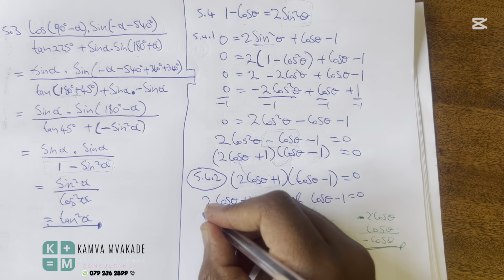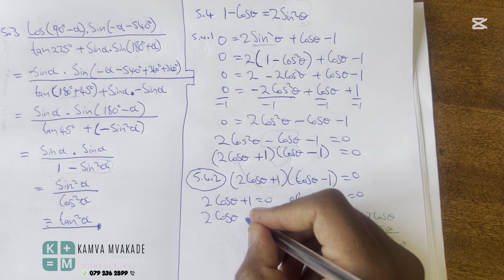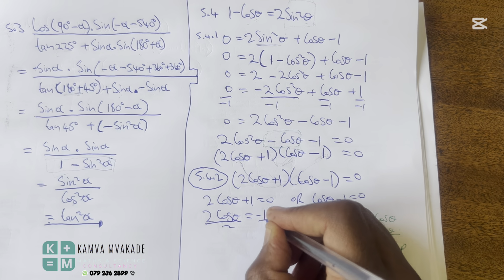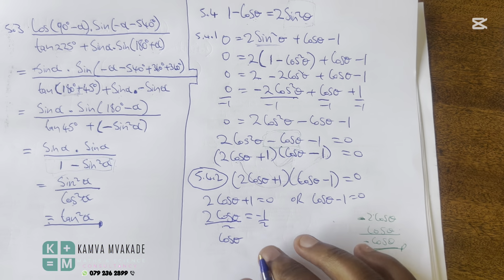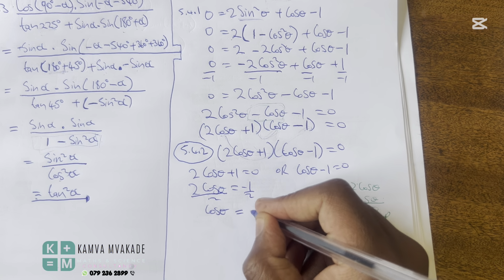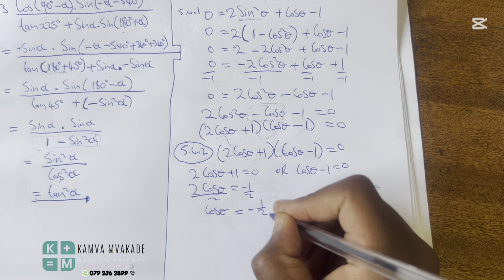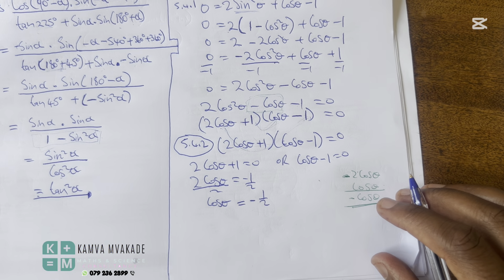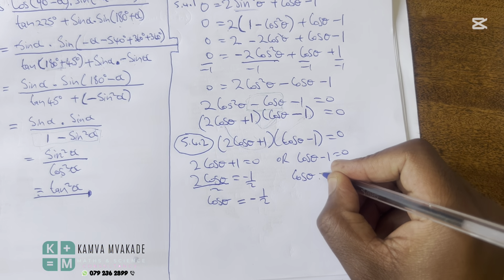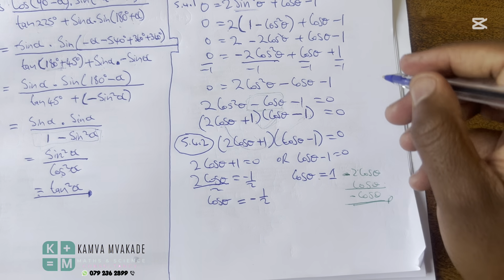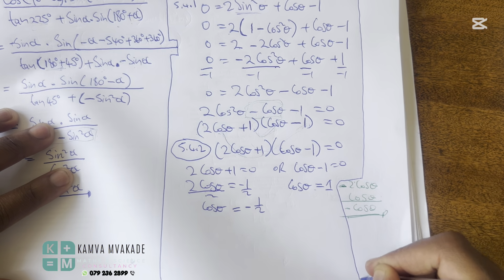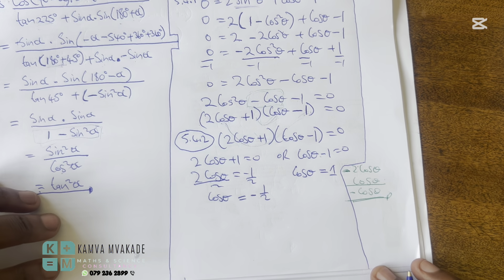And then we transpose that. 2 cos theta is equal to negative 1, and then we divide both sides by 2. So cos theta is going to be equal to negative 1 over 2. And for this one, cos theta is equal to 1.